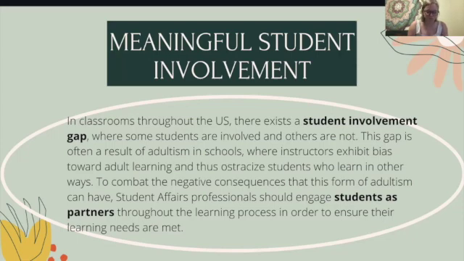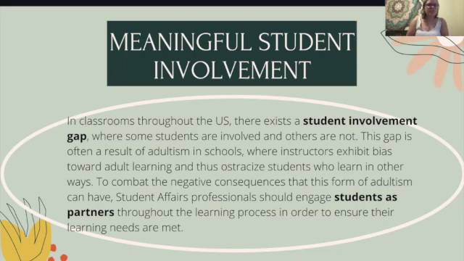So instead of practicing this sort of adultist view on education, educators really need to engage students as partners and ask them how they like to learn and what they think might be helpful to them, as opposed to just prescribing what you think is helpful, because every student is different. And the beauty of asking students to partner with you is that you can learn more about them and get new ideas to engage other students.